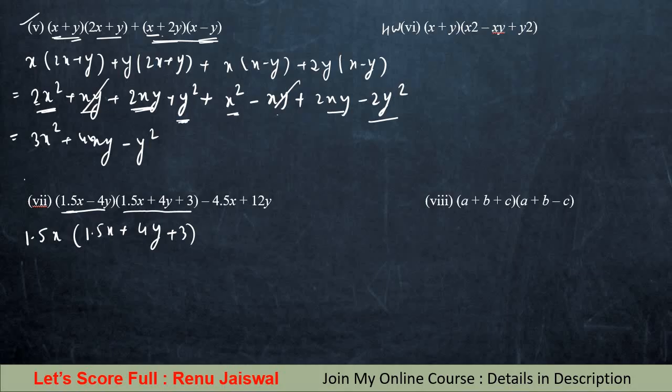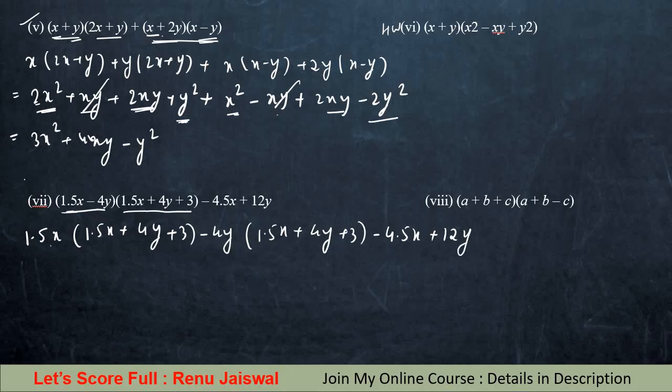So I took the first term 1.5x and the second bracket as it is. Then take the second number and then the second bracket. And then the last term as it is, 4.5x plus 12y, nothing to do.